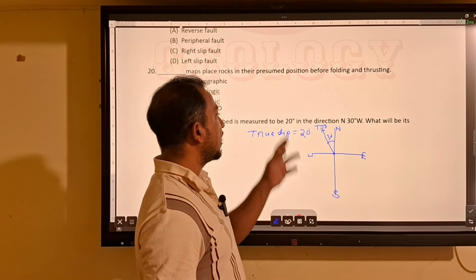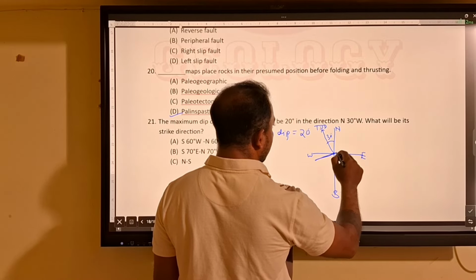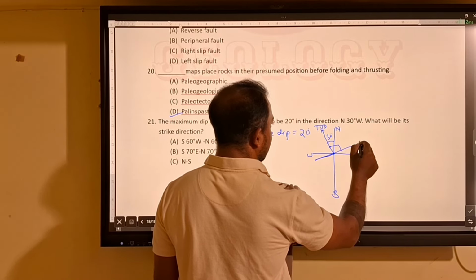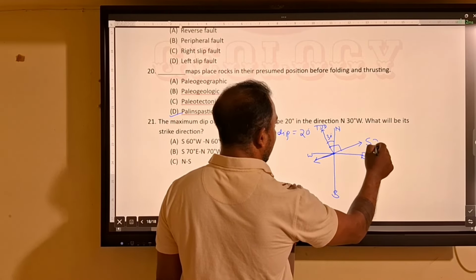What will be its strike direction? If this is the true dip direction, then any line that is perpendicular to this will be the strike direction. So this will be the strike direction. If it is north 30 degree west, then this will be your 60 degree. You can say north 60 degree east, or you can also take south 60 degree west, because it does not indicate any particular direction.